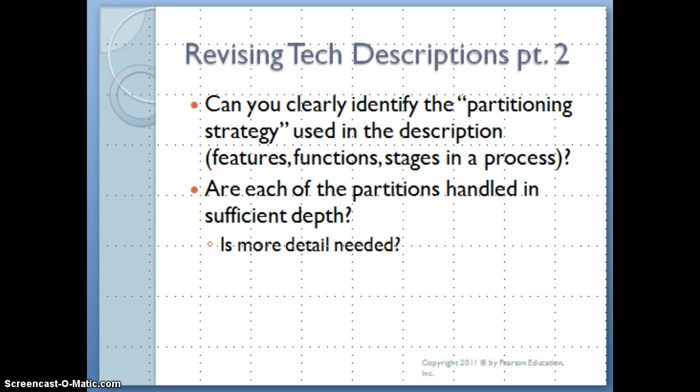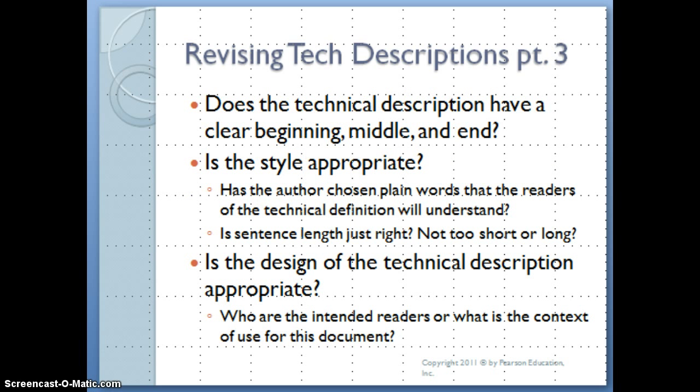Can you clearly identify the partitioning strategy used in this description? And maybe you'll use more than one method of partitioning, but talking about features, functions, or stages in a process. Are each of the partitions handled in sufficient depth? If not, is more detail needed? Does the technical description have a clear beginning, middle, and end?